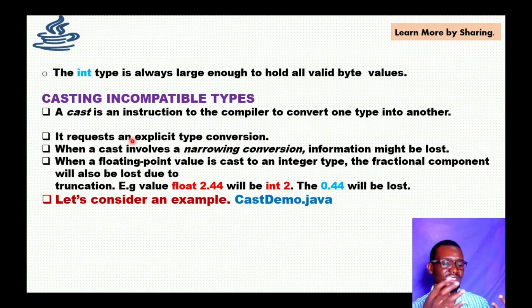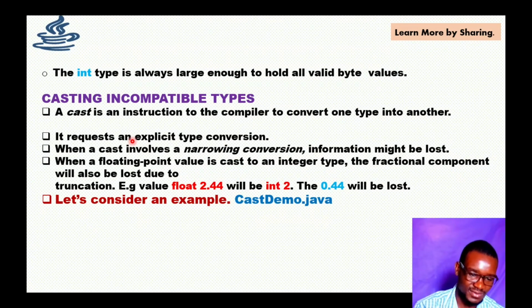A narrowing conversion is where you are converting a big type into a small type. So some information will be truncated, that is, cut. So that will lead to information loss.